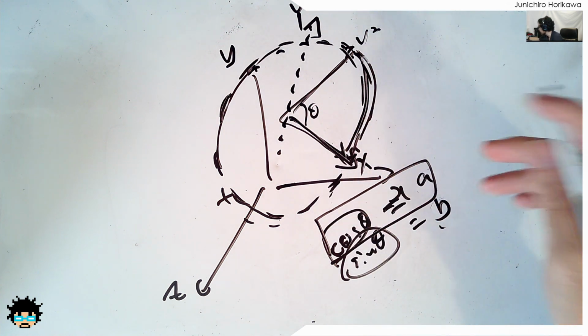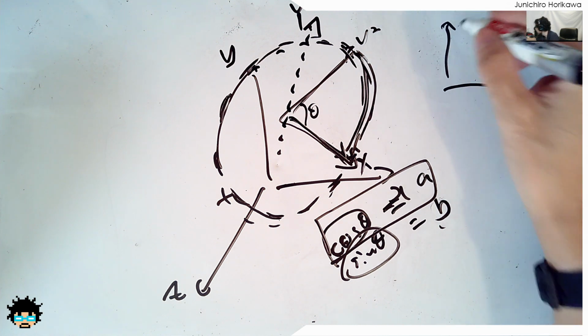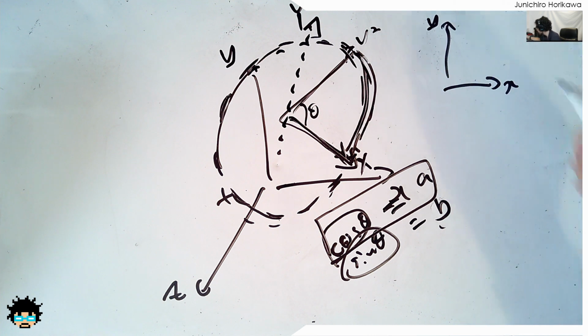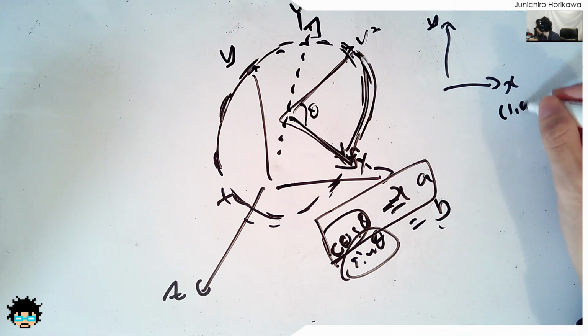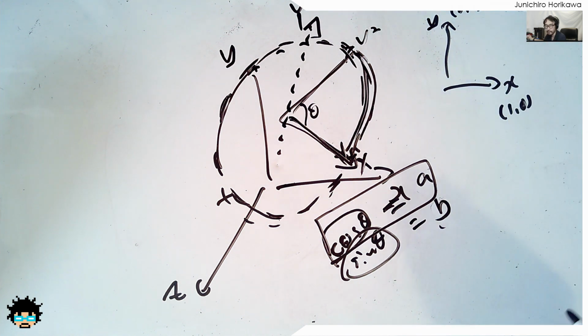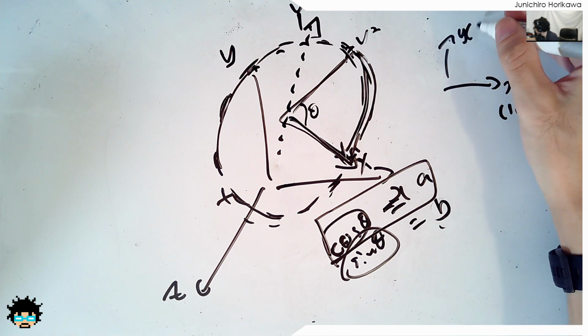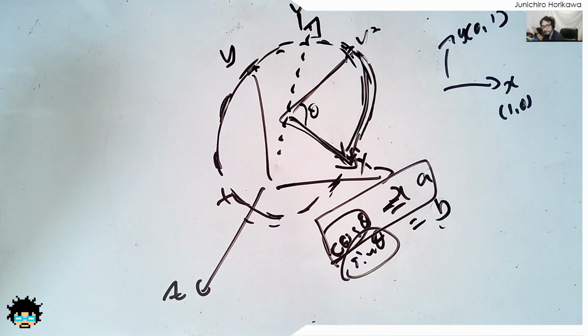And previously, when we were dealing with 2D xy, the x-axis was expressed as (1, 0) and the y-axis was expressed as (0, 1), right?